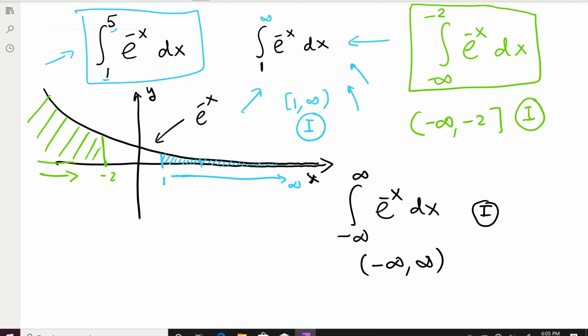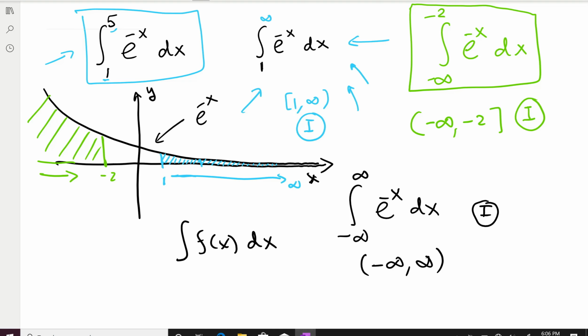Great. Now at this point, can you do me a favor? Can you try to explain to yourself what a type 1 improper integral is in a nutshell? How do you identify a type 1 improper integral? Well, it's very easy. If you want to know whether an integral is a type 1 improper integral or not, just look at the bounds of the integral.